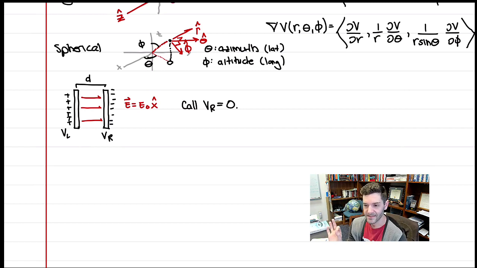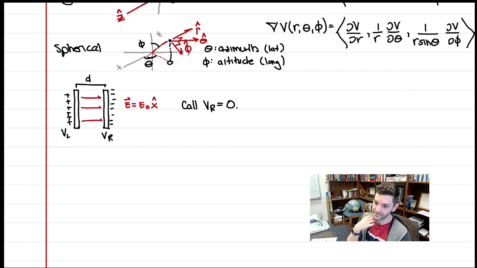And again, you might say it seems like I'm being heavy-handed by saying V sub R equals 0. But again, it's only delta V that matters. Really, what I care about is the delta V across the two plates.